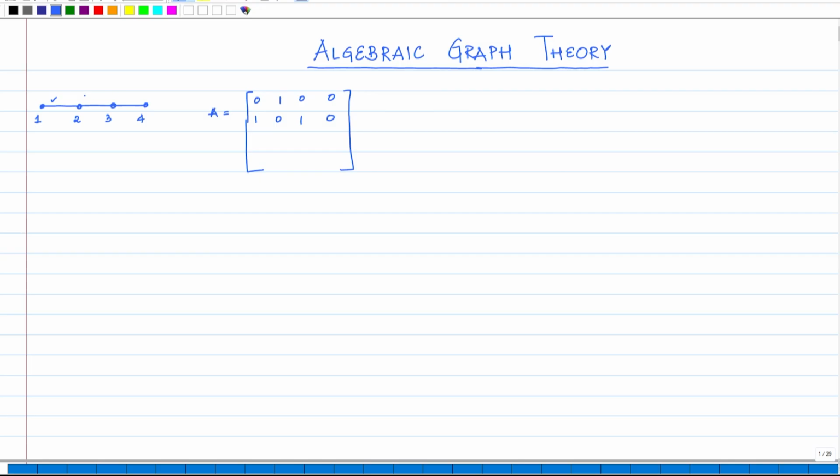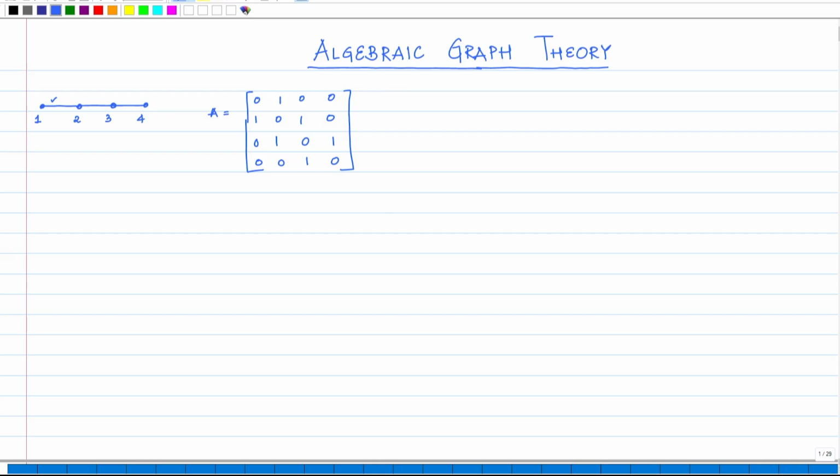Similarly, 3 shares an edge with 2 and 4, so A32 and A34 are non-zero. And similarly, 4 shares an edge only with 3, meaning A43 is non-zero. The rest of the entries become equal to 0. Okay, so this is how we construct the adjacency matrix of any given graph.